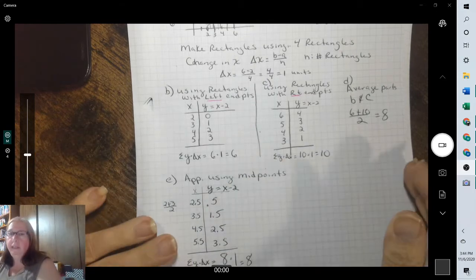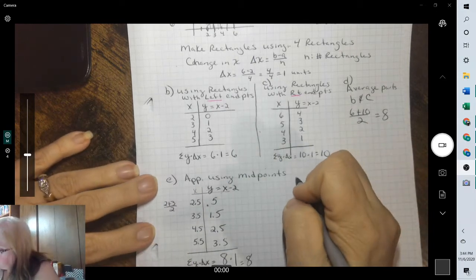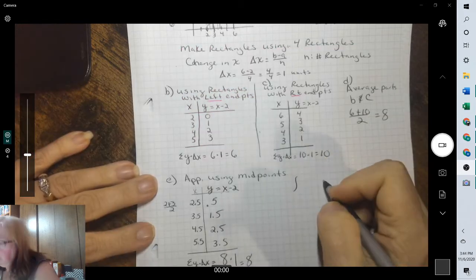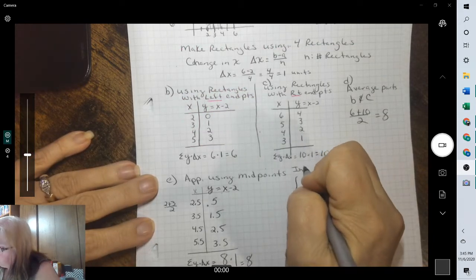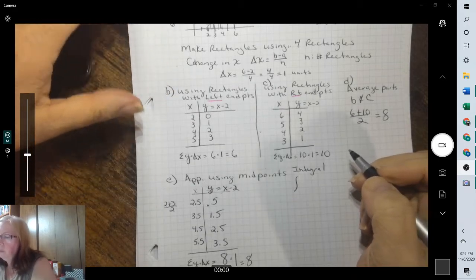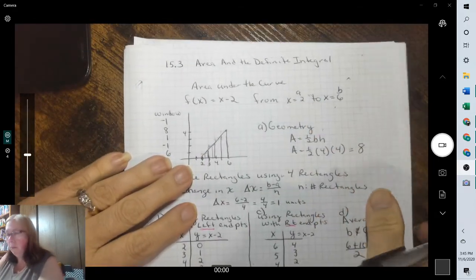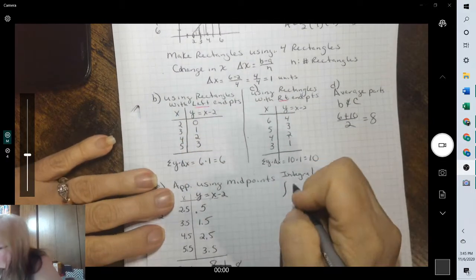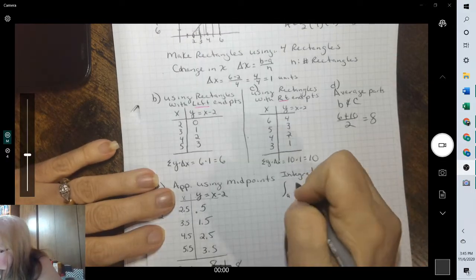Now what the next section shows you is using the integral. And we're going from 2 to 6. But let me give you the formula first.